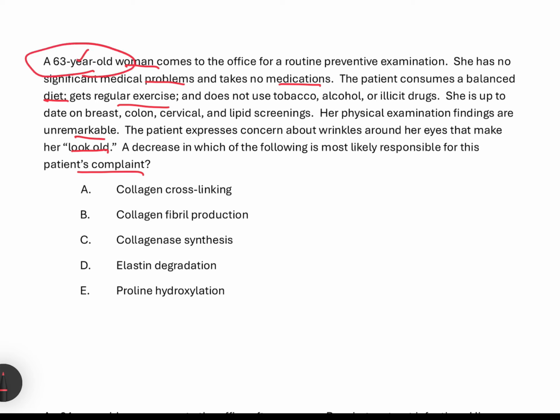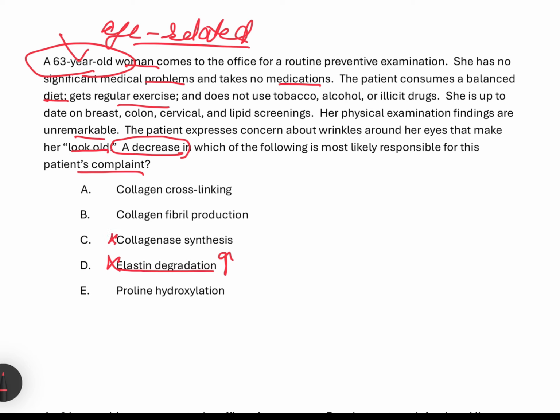The patient is 63 years old. You have to think about age-related changes in the answer, and give the reason about which thing is going to decrease, so that the wrinkles happen. You already know elastin degradation: it increases, not decreases. So the answer is not elastin degradation. Now collagenase synthesis: collagenase synthesis is going to increase.